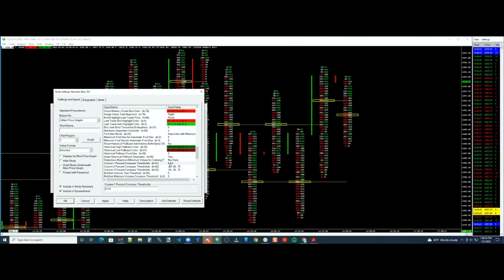So 4, 4, 4. Now remember, we're only using column 1, so we don't care about these down here. Watch what happens when I hit apply. Oh, look at that. We get our nice little 400% imbalances at the highs and at the lows. So it cleans up our bars very, very clean.